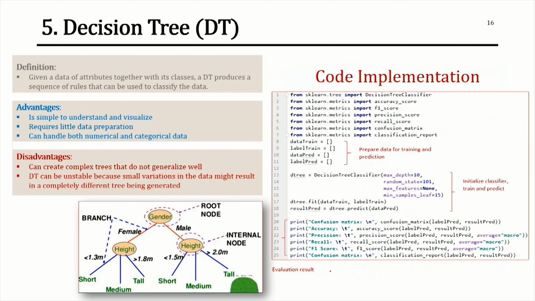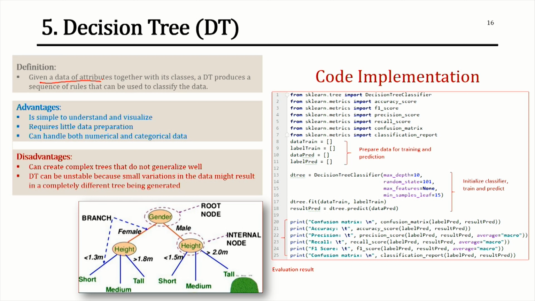So next we will take a look at the next technique used in classification called decision tree, or DT for short. Given data attributes together with their class, the correct label, DT produces a sequence of rules that can be used to classify data.